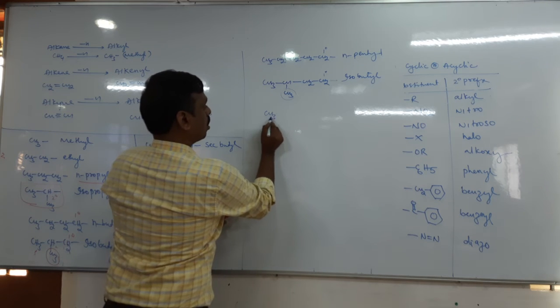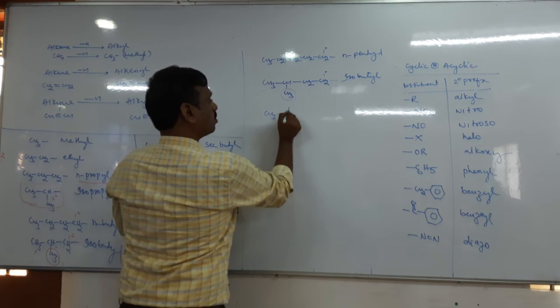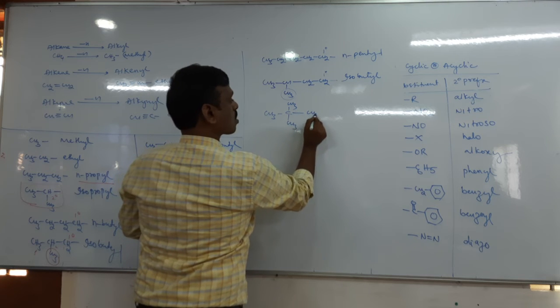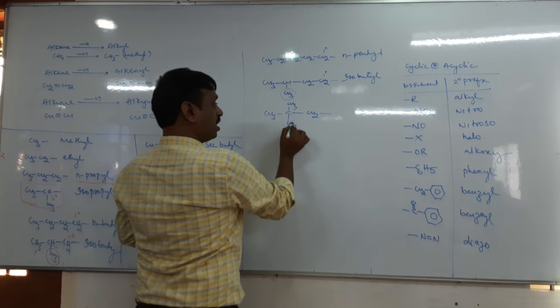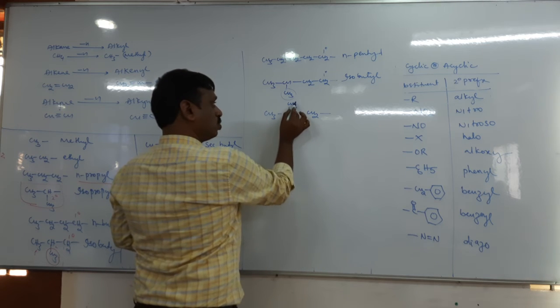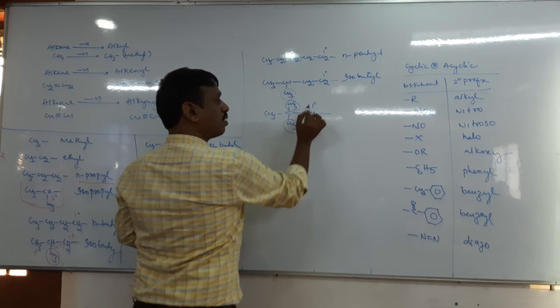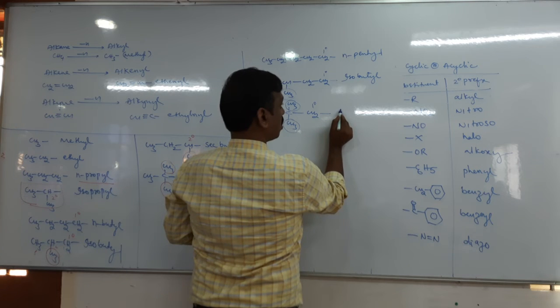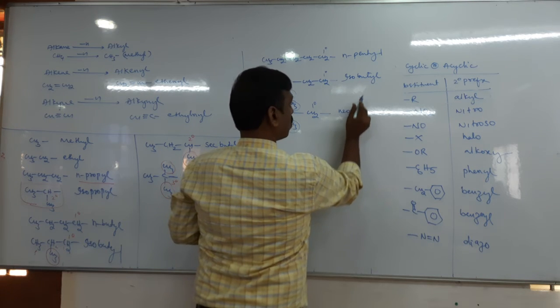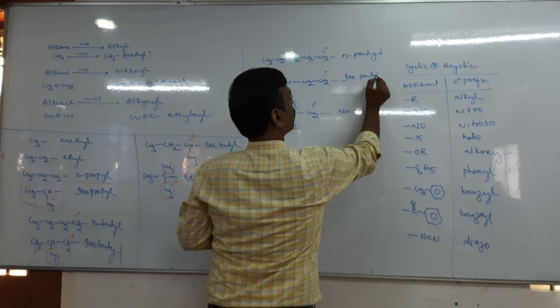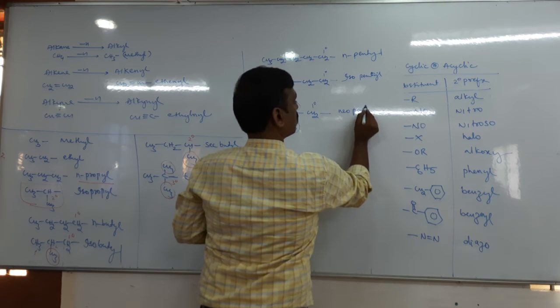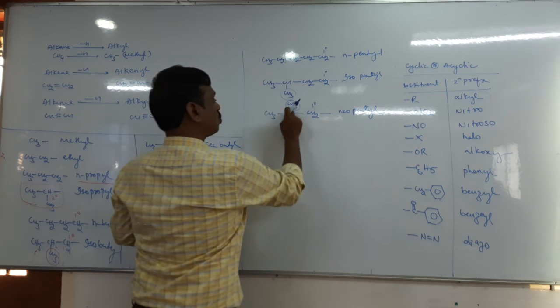Next, there are two branchings. Where are the two branchings? From last to second carbon, and this carbon is primary. It is what? Isopentyl, no, neopentyl. 1, 2, 3, 4, 5.